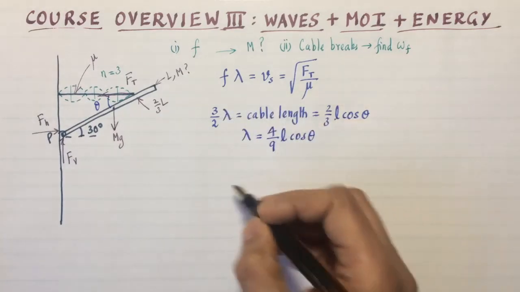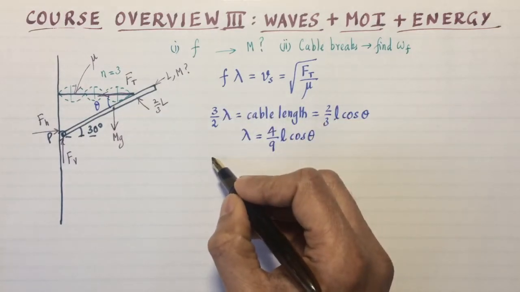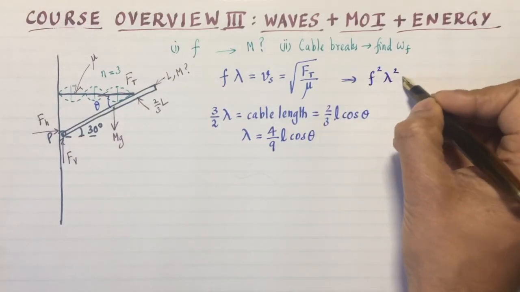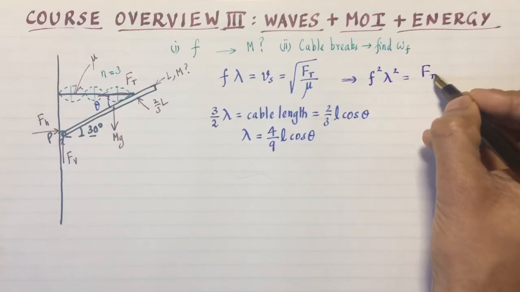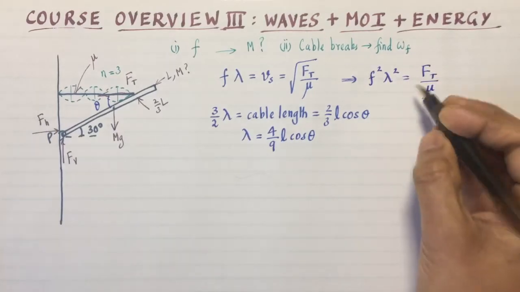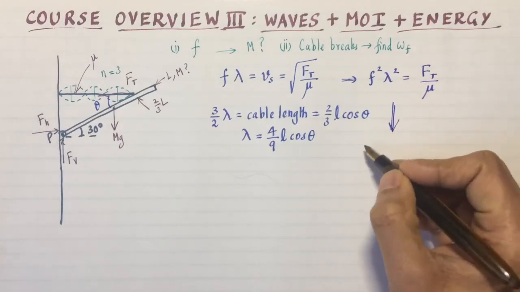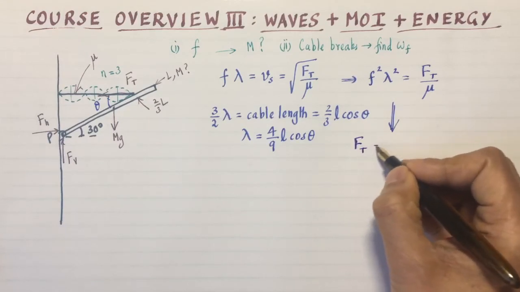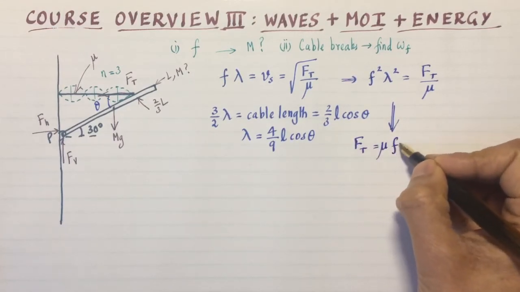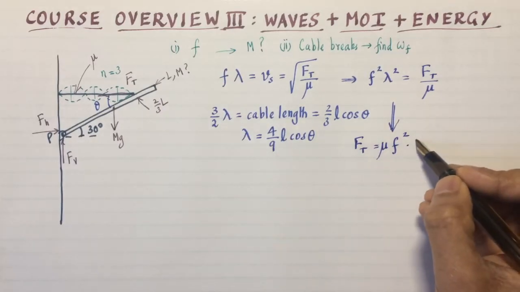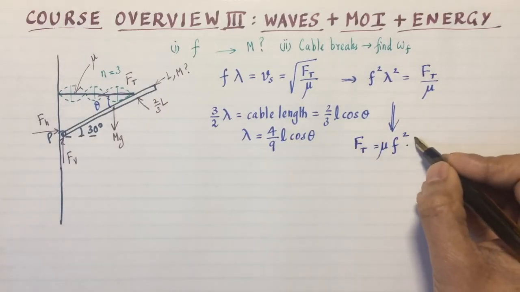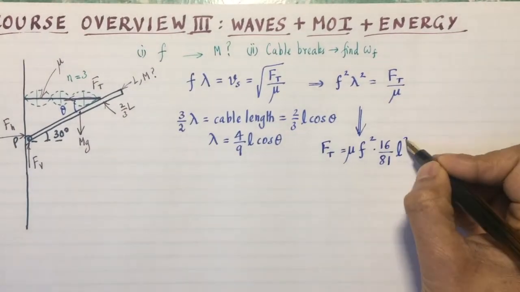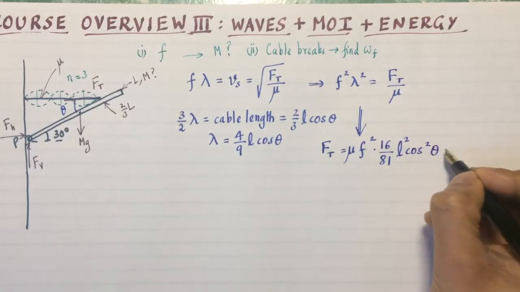So f times lambda, if I square both sides, I get f squared lambda squared equals Ft over mu. So from this equation, Ft equals mu times f squared times lambda squared. Well, that's a further square of 4/9, and so that's 16/81 L squared cosine squared theta.